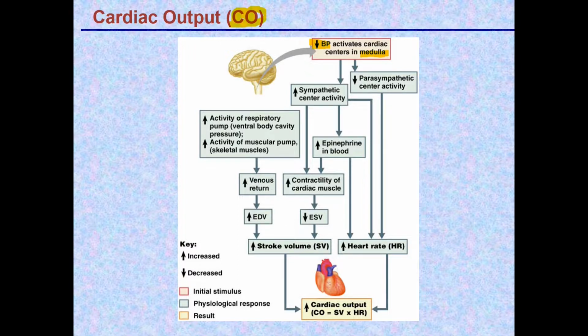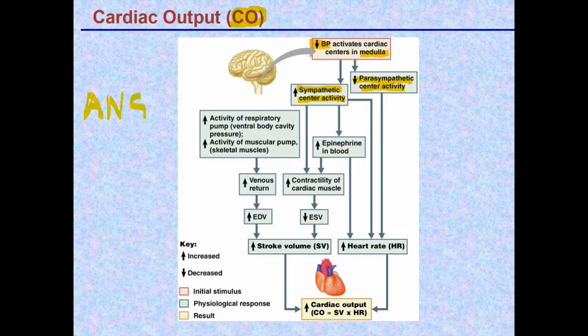So a drop in blood pressure will activate these centers in the brainstem, in the medulla, and you get an increased output of the sympathetic activity, so that rises, and a decrease in parasympathetic activity. Again, I would remind you that there are two divisions to the autonomic nervous system, ANS.